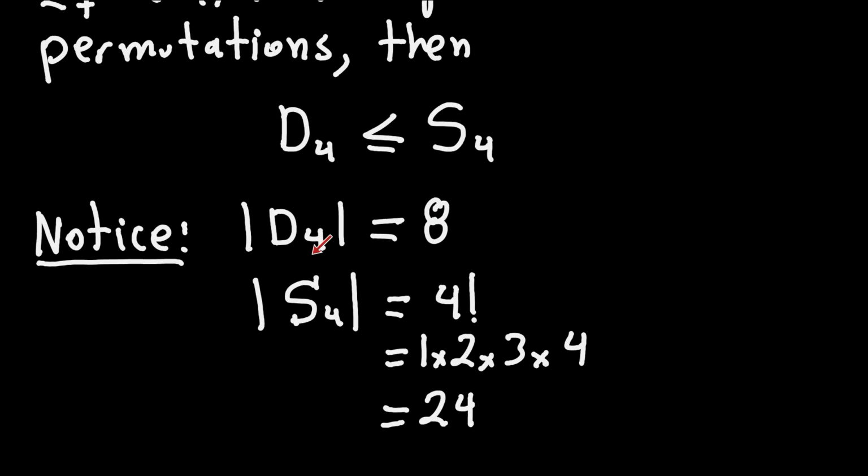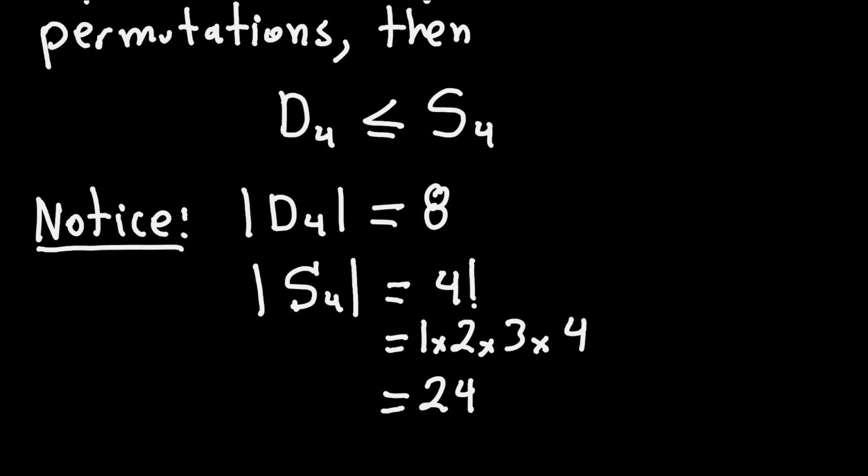As we proved in the theorem, S4 has 4 factorial elements, which is 1 times 2 times 3 times 4, that's 24. So this set here, D4, has 8 elements, and this has 24. So this one is not the entire S4. So S4 has permutations that do not correspond to symmetries of the square. So this group is of course a lot larger than D4.